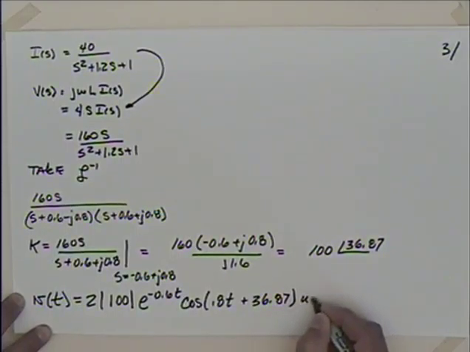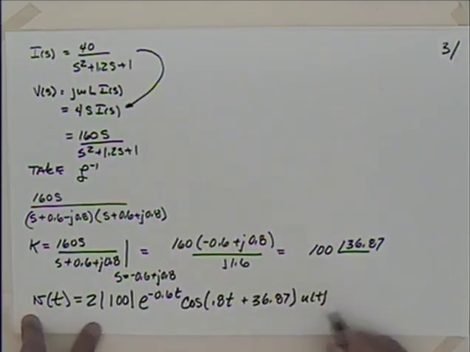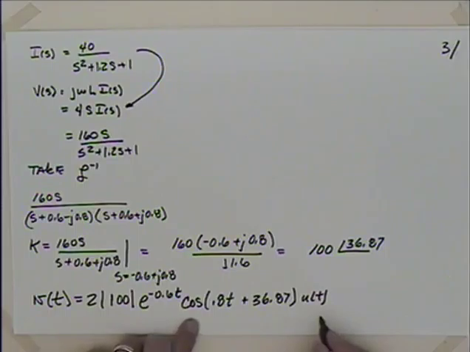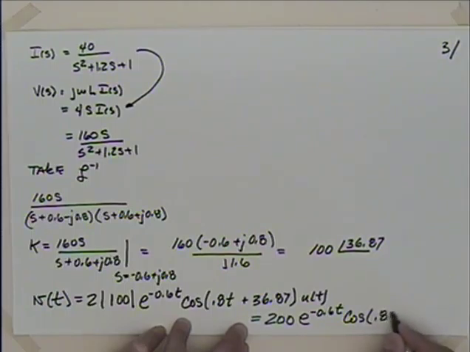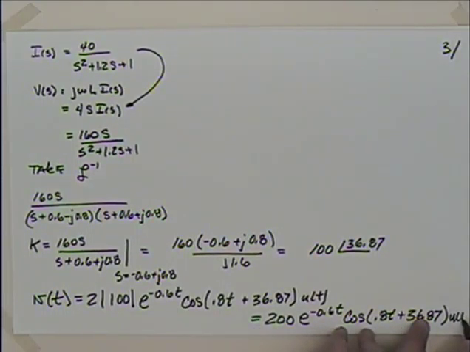36.87, our step function. So we could tidy this up a little bit if we wanted to. We'd have 200 e to the minus 0.6t times the cosine of 0.8t plus 36.87 u of t.